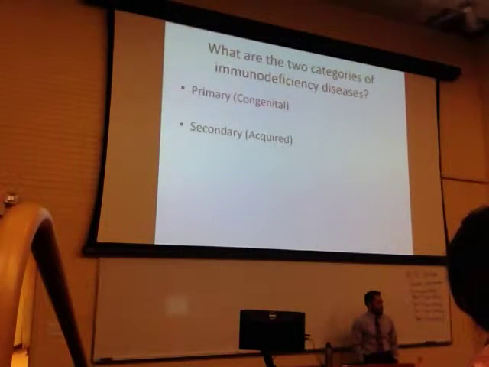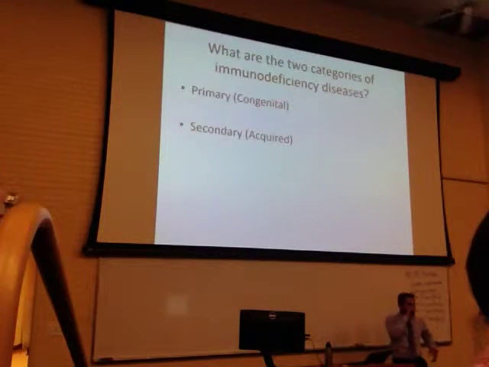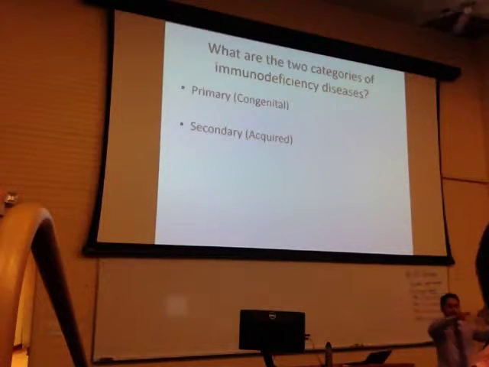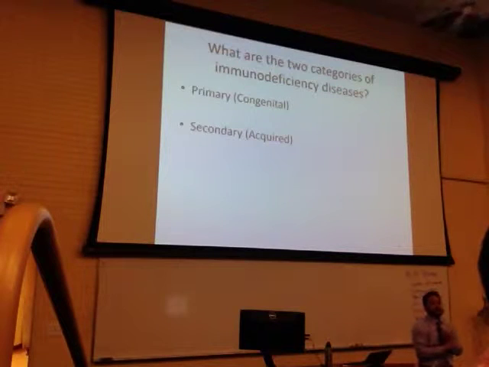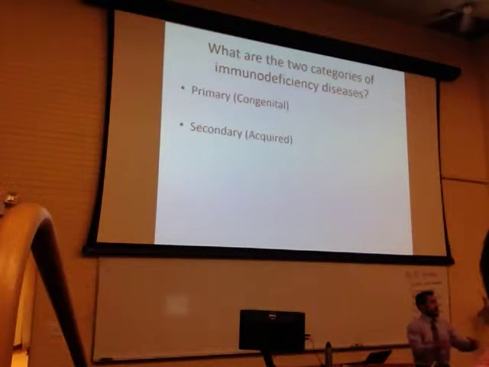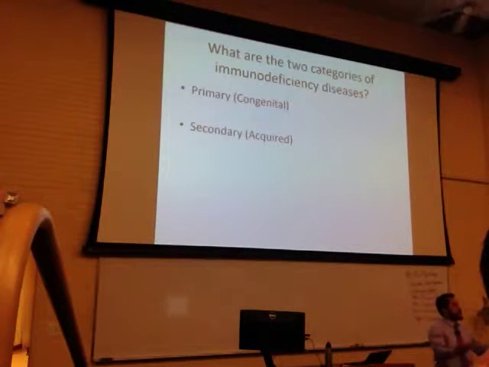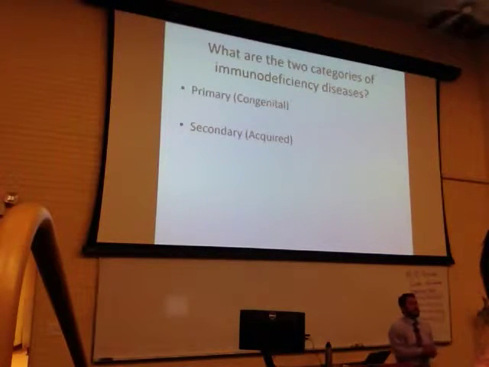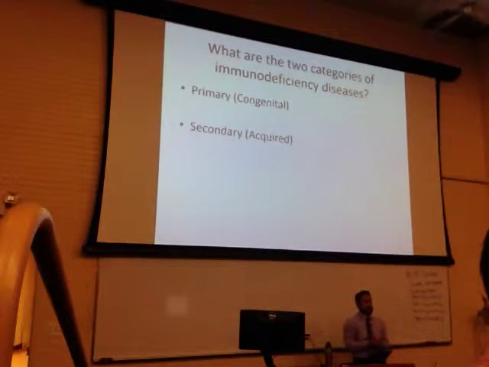Does that make sense? Meaning that if congenital, it's not a congenital defect at the level of the genome, and the developing fetus doesn't have a primary congenital defect at the level of the DNA. And I'll explain this here in a minute.